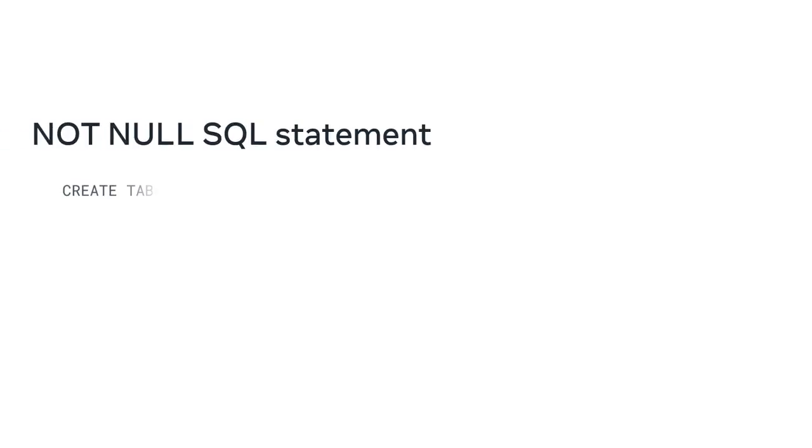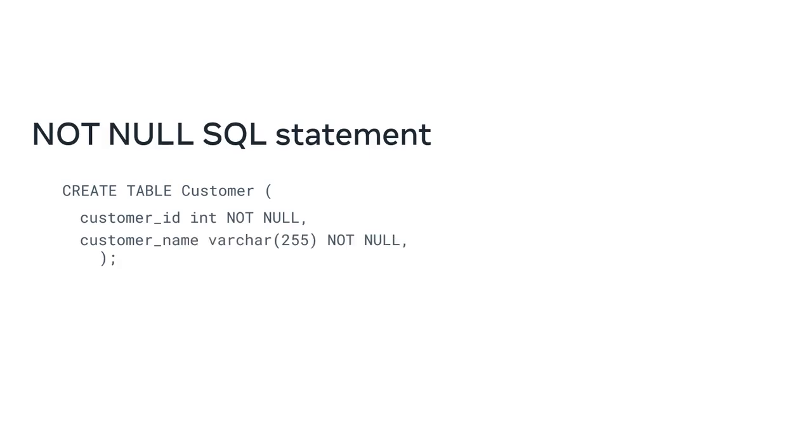A typical not null SQL statement begins with the creation of a basic table in the database. I can write a create table clause followed by customer to define the table name, followed by a pair of parentheses. Within the parentheses, I add two columns, customer ID and customer name.